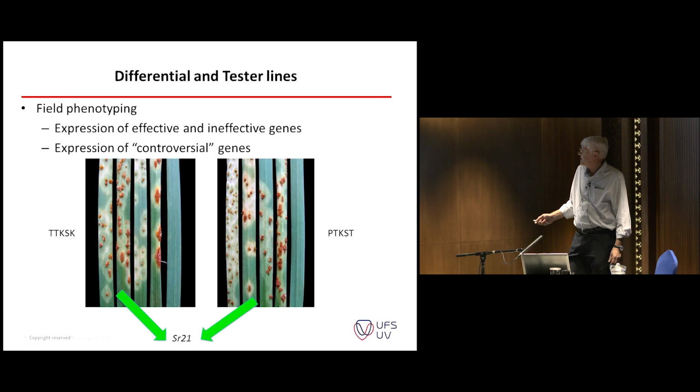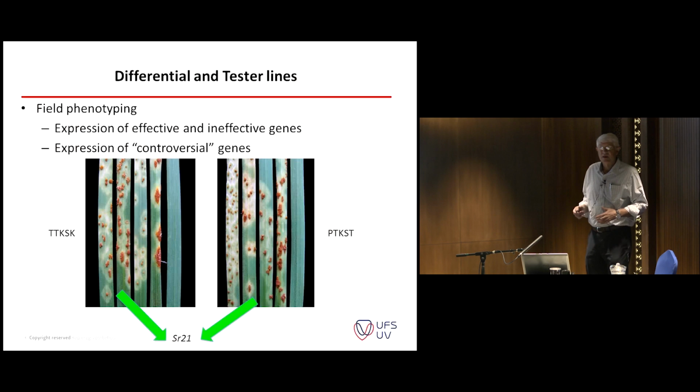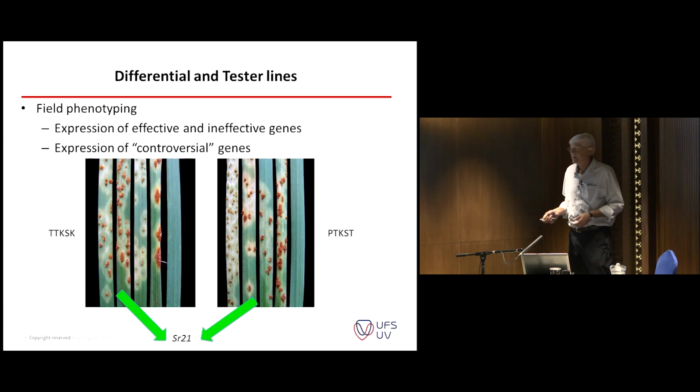You look at SR21, that looks fairly susceptible. And that one looks like a high intermediate to me. It's low because of the necrosis and chlorosis you see surrounding the pustules. But for the untrained pathologist, it will be very difficult, I think, to distinguish between that one and that one without knowing what you're looking at.